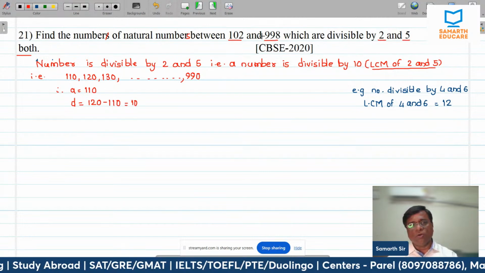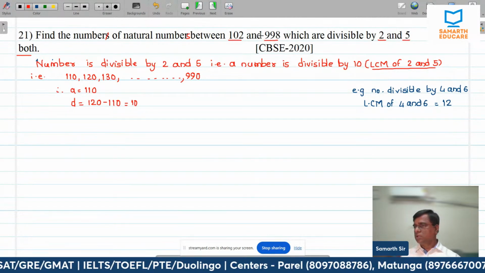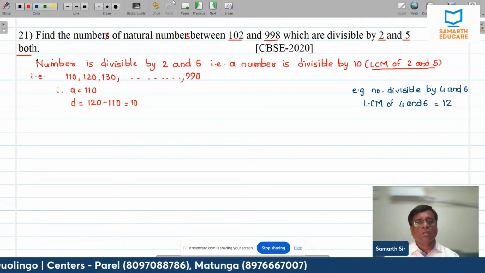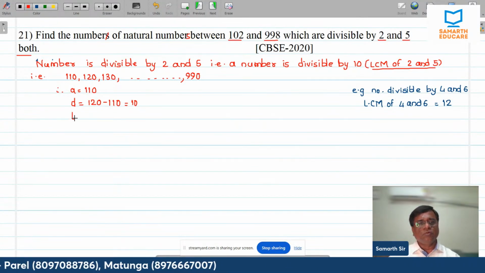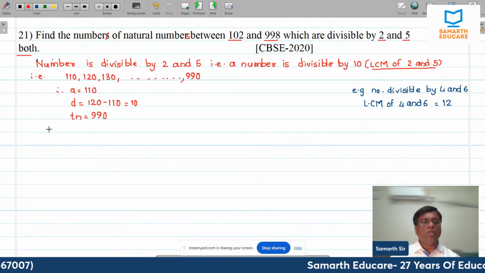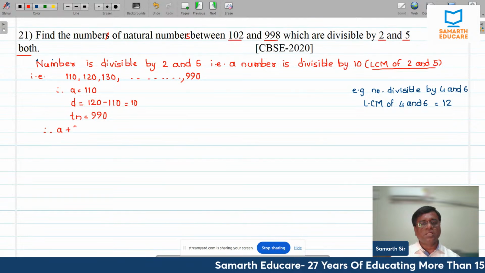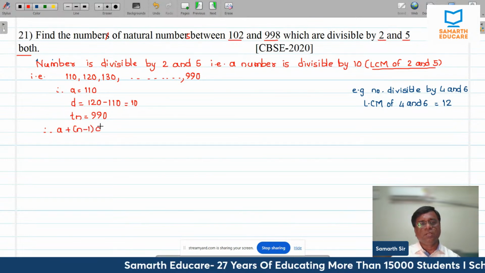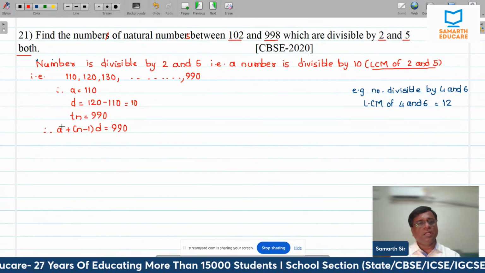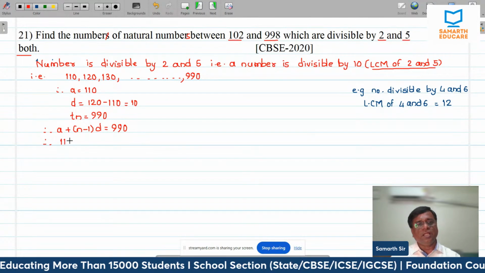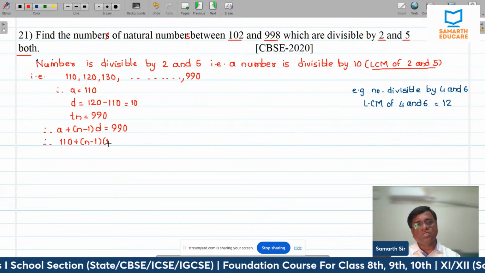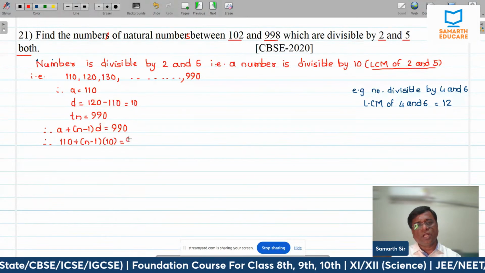Okay, now nth term, which we know is 990. Now let us calculate this. A plus n minus 1 into D is 990. The value of A is 110 plus n minus 1 into 10 is equal to 990.